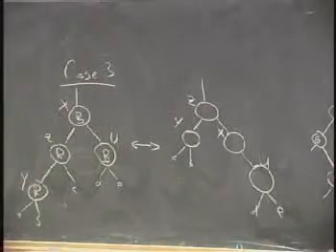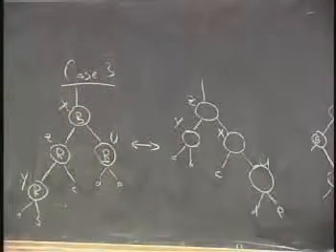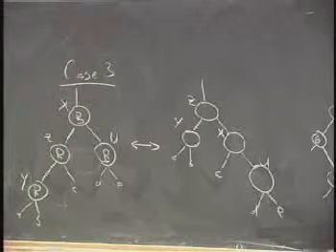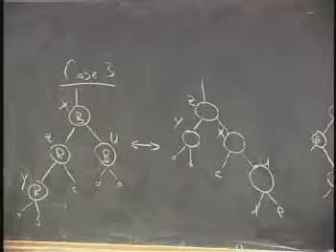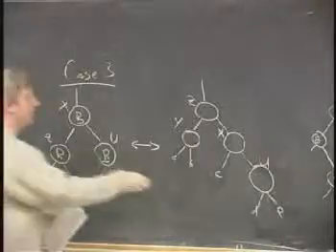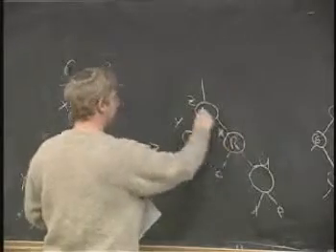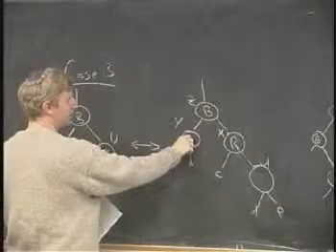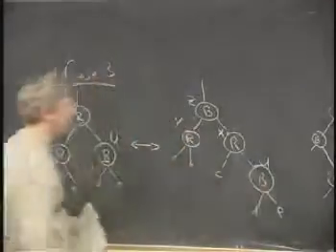The thing we called C. Now, how do we color all these? X is red, Z is black, Y is red. And everything else is as before.